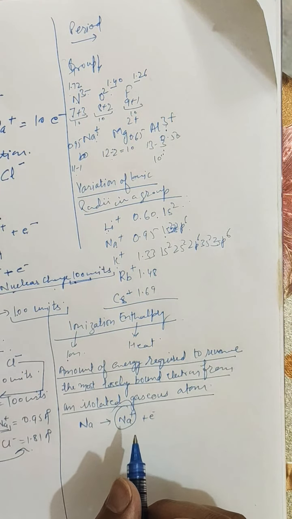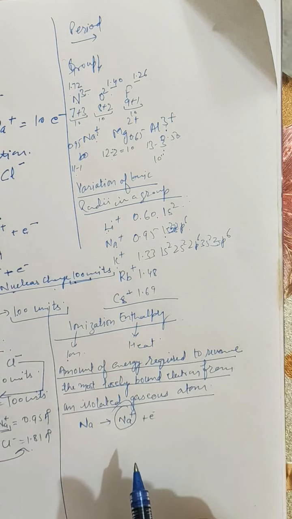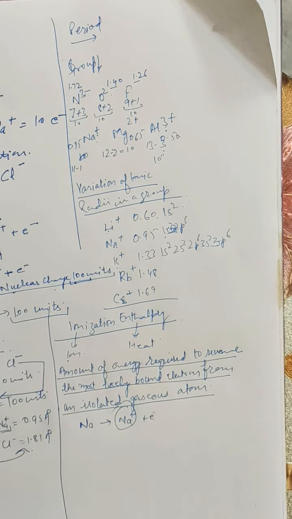The experimental values of ionization enthalpy are determined either by spectroscopic method or by passing an electric current of gradually increasing intensity through the vapors of the element in a discharge tube.